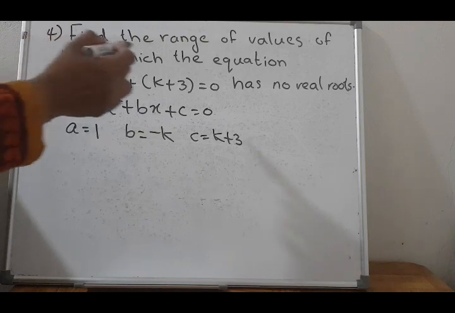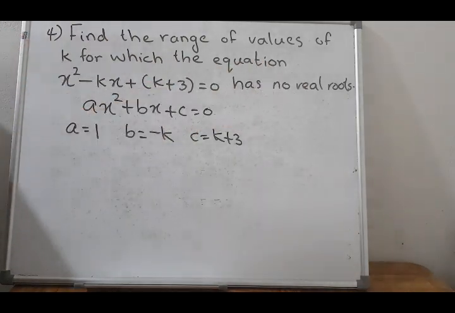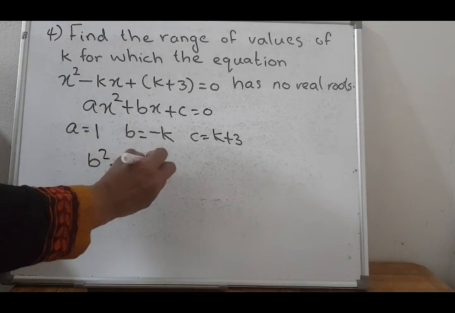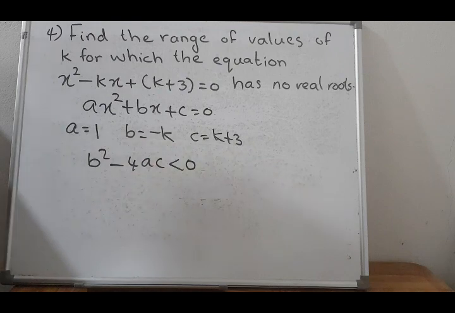Now you see, the equation has no real roots. No real roots means we know the discriminant b square minus 4ac is less than 0.